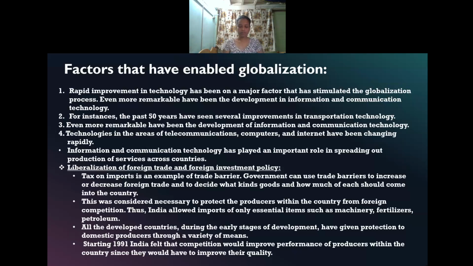In this way, information technology as well as communication technology has boosted the concept of globalization very rapidly. At present, information and communication technology plays a very important role in spreading production and services across the country. So what is going on in the world?